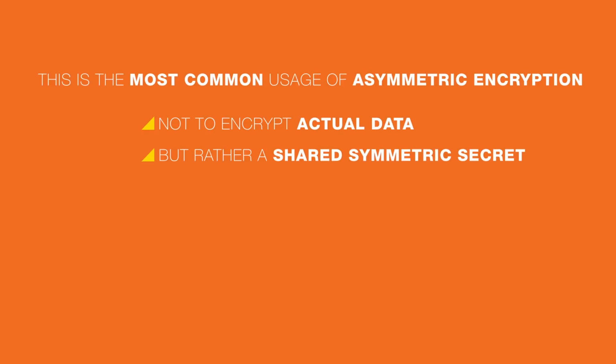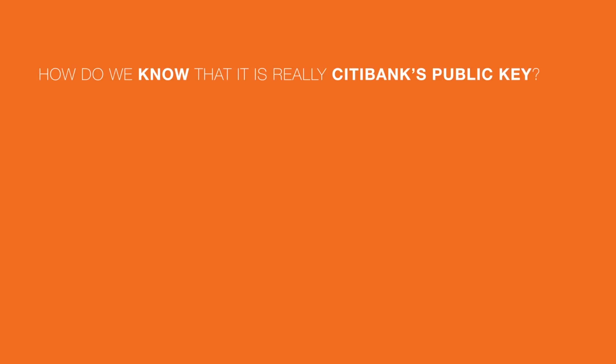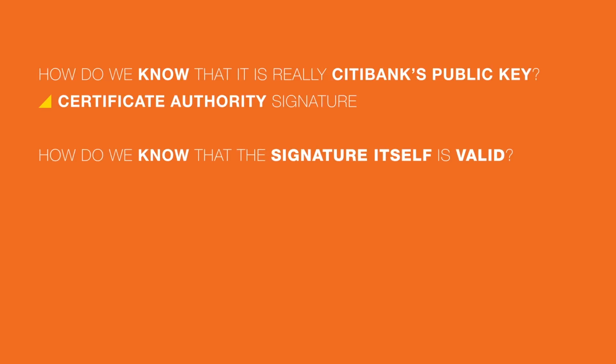But wait a minute, how do we know that it is really Citibank's public key? Well, we did say that the certificate authority signed the digital certificate, but wait a minute. How do we know that the signature itself is valid?